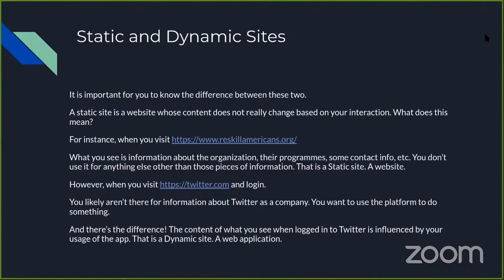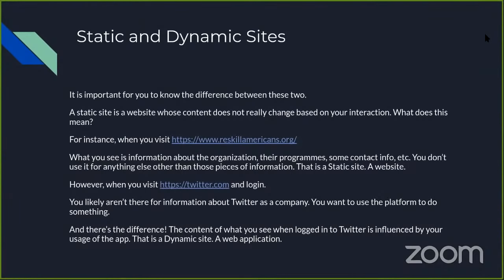those in charge, the contact information, and all of that. But when you go to a platform like twitter.com, you basically want to tweet or do things related to the service, not basically looking for a company. So Twitter, for instance, is a dynamic site, while a site like reskillamerican.org is a static site.